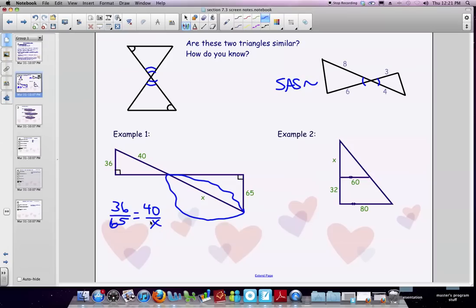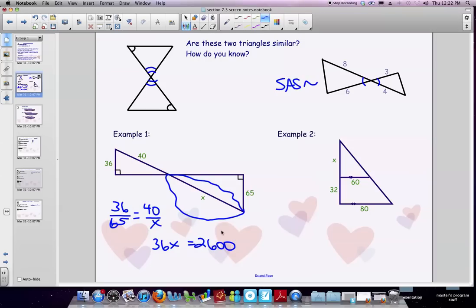You would take 36 times x and get 36x on one side of the equal sign, and then you would take 65 times 40, and that would give you 2600 on the other side.